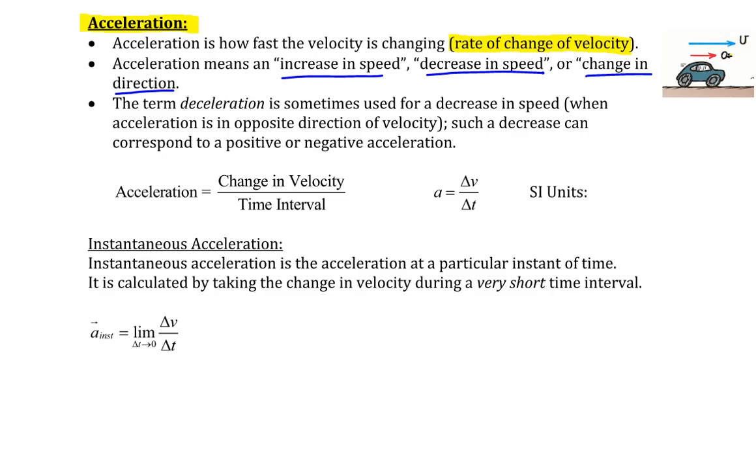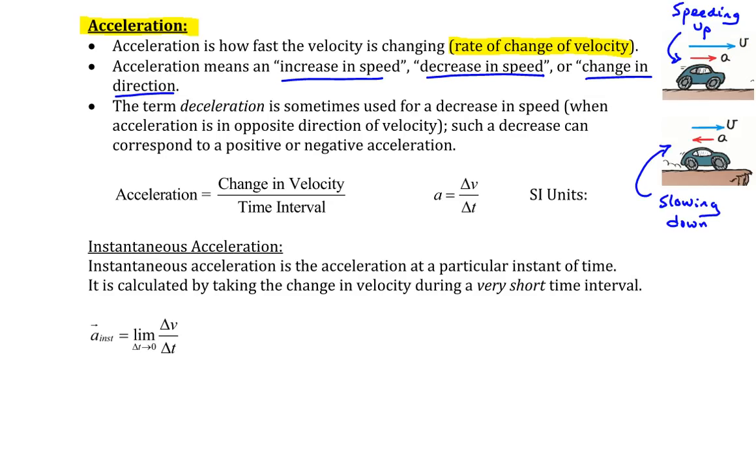But if the car was slowing down, then the acceleration would be in the opposite direction as the velocity. So if we were considering this car moving in the positive x direction to the right, the acceleration would be negative. So I'd rather think of slowing down, or the word decelerating, as acceleration in the opposite direction that the object's moving. And speeding up is when the acceleration vector is in the same direction as the velocity.